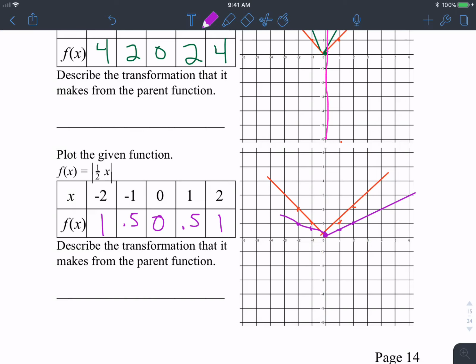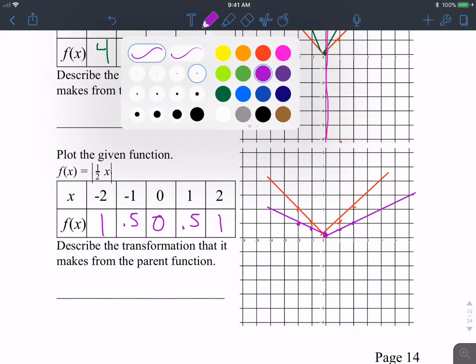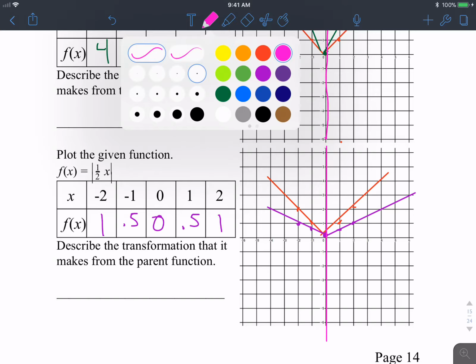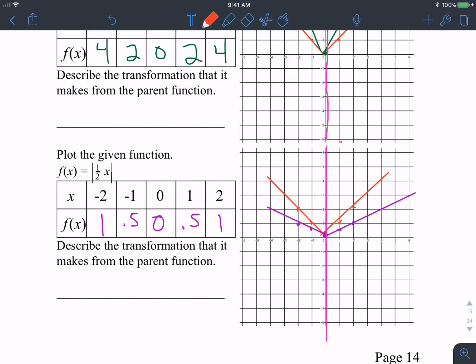And again, we're looking at this with regards to the y-axis, not the x-axis. So as you can see, when that coefficient is between 0 and 1, it pulls the graph away from the y-axis, stretching it.